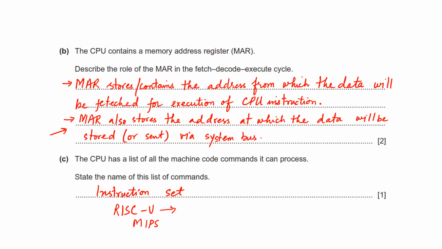The CPUs in your cell phones, laptops, handheld devices, and any device that uses a processor are made on a certain type of instruction set, either RISC based or MIPS, things like this. Just another little side information for you.